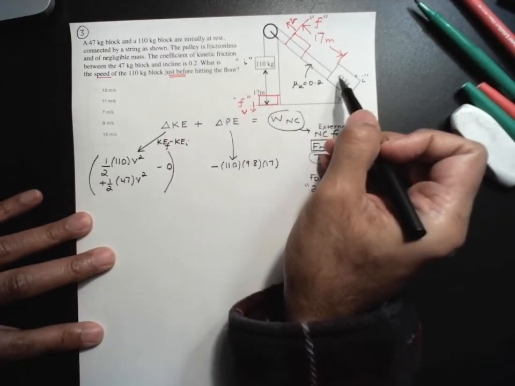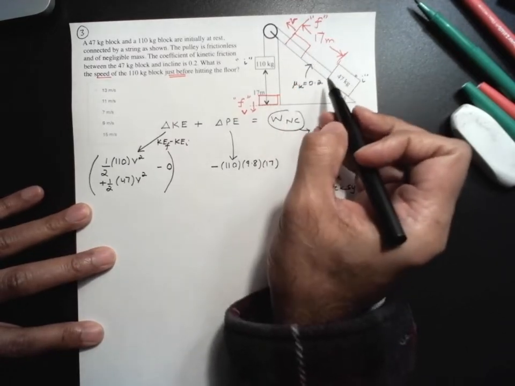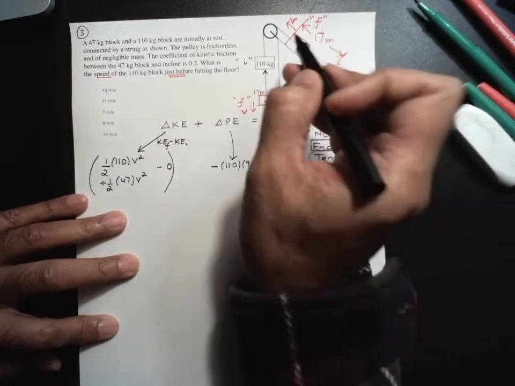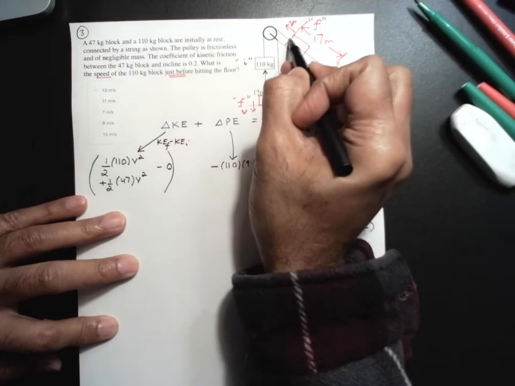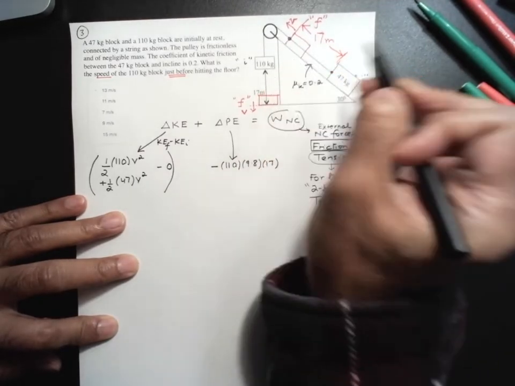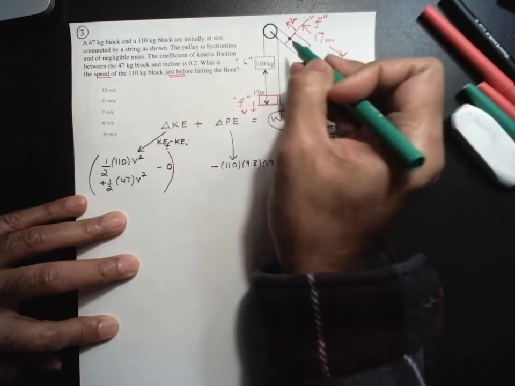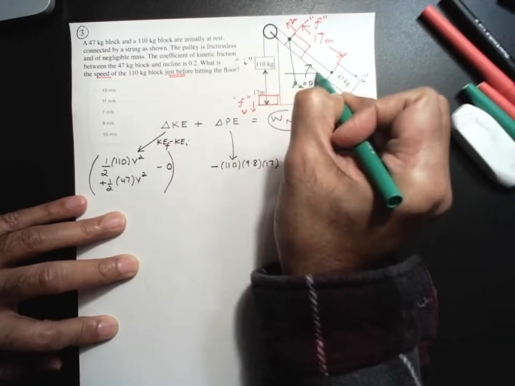Meanwhile, the 47 gained potential energy. It rose by a certain height, right? How much height did it rise by? Well, if we're looking at the front edge, it rose by 17 meters along the incline, so the vertical height is what we care about.